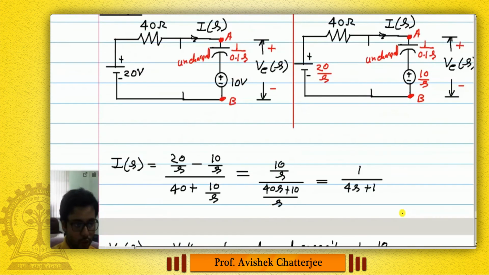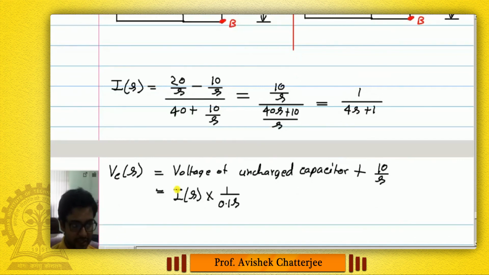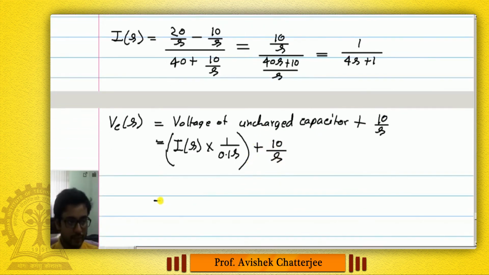Okay, so this is the voltage of the uncharged capacitor plus the source 10 by S. Now let me put the values. 1 by 4S plus 1, this is multiplied with 10 by S plus this 10 by S.